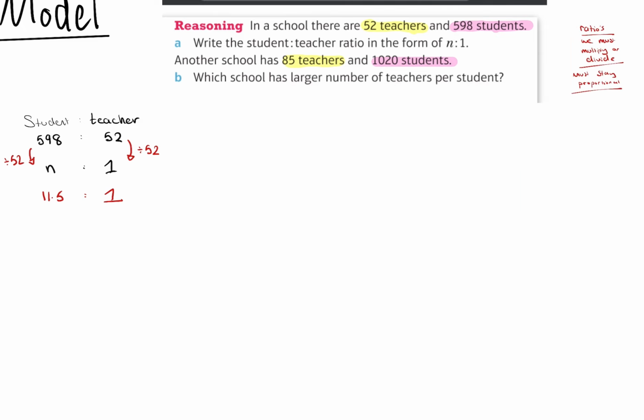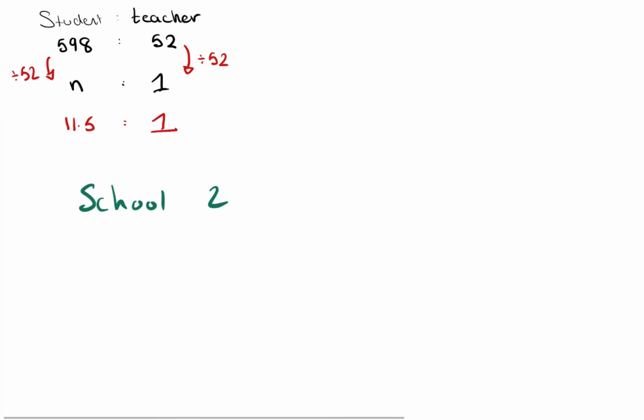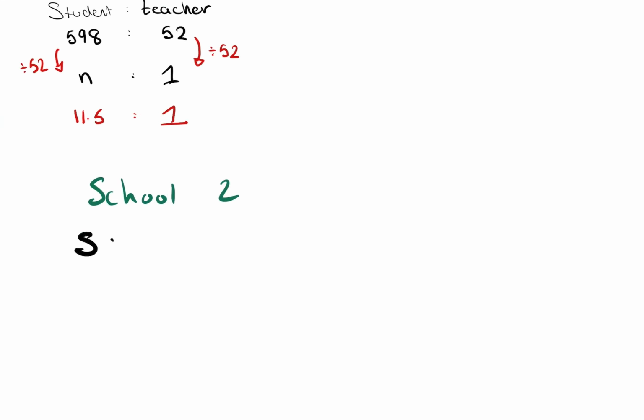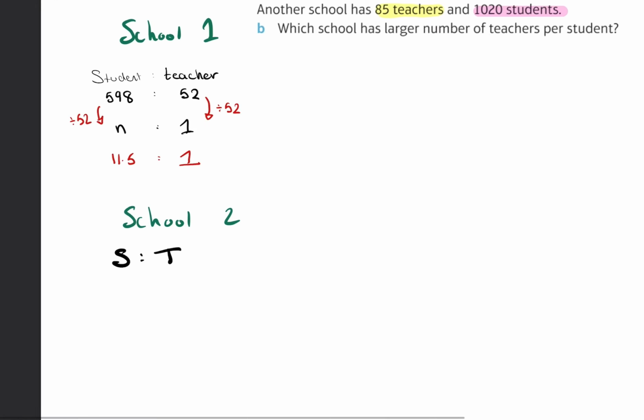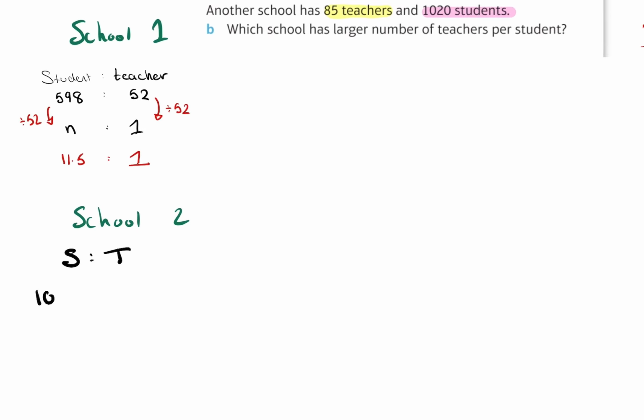Okay, so this is school one. Let's look at school two. So we're going to go students, S, the teachers, we had 1,020 to 85, and we want to get it in this form.